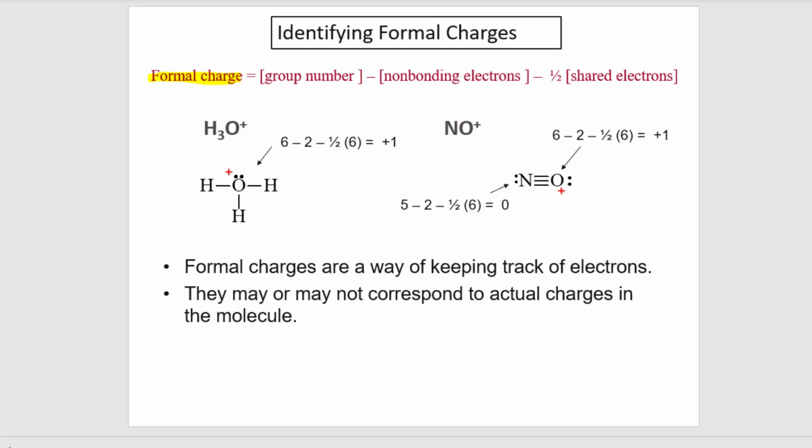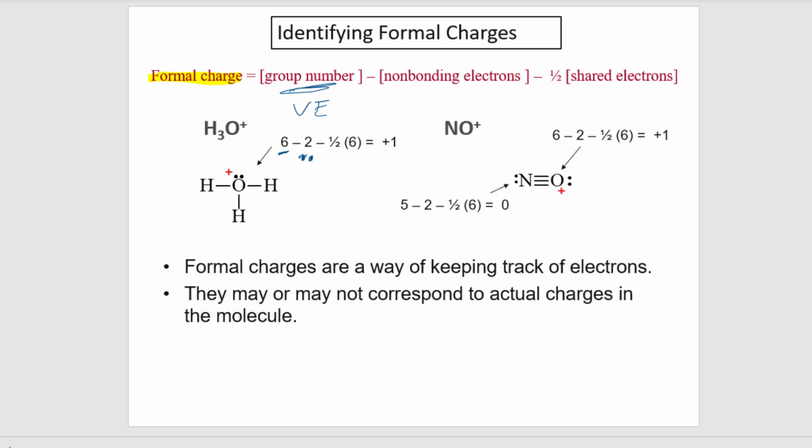Well, you take the formal charge of oxygen to be the valence electrons, right, which is the group number, valence electrons, which is 6. You subtract the non-bonding electrons. Well, the only electrons that are non-bonding is this lone pair, so there's 2 there, right? So this is the lone pair. The 2 electrons of the lone pair.